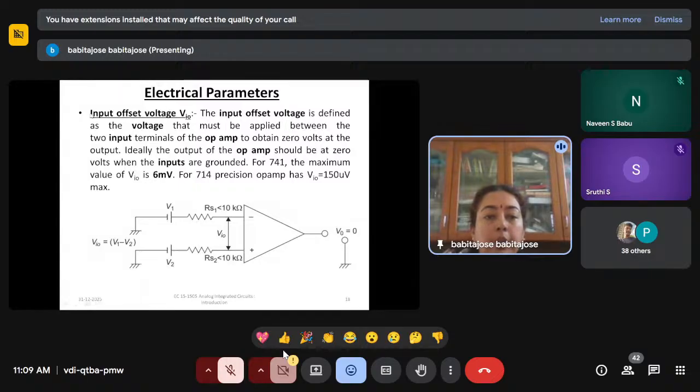Lower the value of input offset voltage, we can say better is your op-amp. That's why this is called precision op-amp. 714 is a precision op-amp because its input offset voltage VIO is less, 150 microvolt, whereas for 741 the input offset voltage is 6 millivolt.